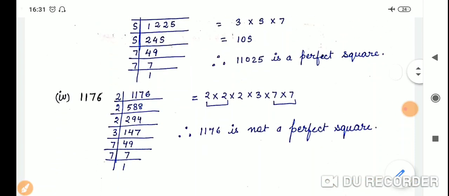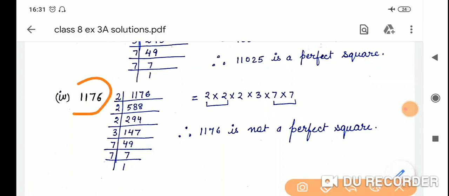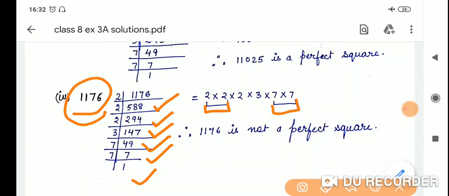Clear? Now coming to the next part, that is 1176. So by 2 we will divide, 588 times, then again 2, 294, then by 2, 147, then 3 se 49 times, 7 se 7 times, then 7 se 1 time. Okay, when we write 2 into 2, likh diya. Ab then again 7 into 7, but 2 and 3 are not having the pair.